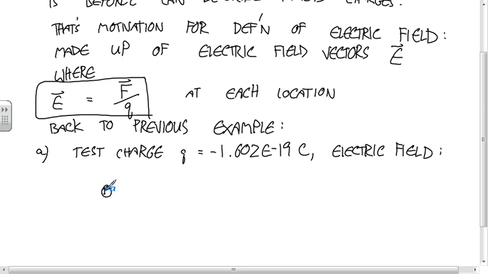So here's your +1 coulomb. Now we're talking about a negative test charge. What do the forces look like? Are they pointing towards it or away from it? They're all pointing towards it. They're getting smaller as you go away. But now we're dividing by the test charge. If each vector is going this way when it's a force vector and you divide it by a negative number, what does that do to the direction? Yep, makes it opposite. And so you end up with something that looks like this.